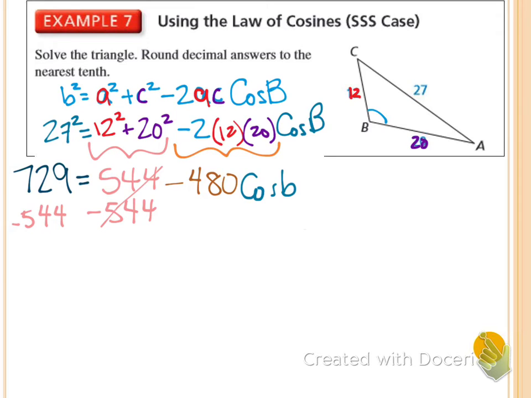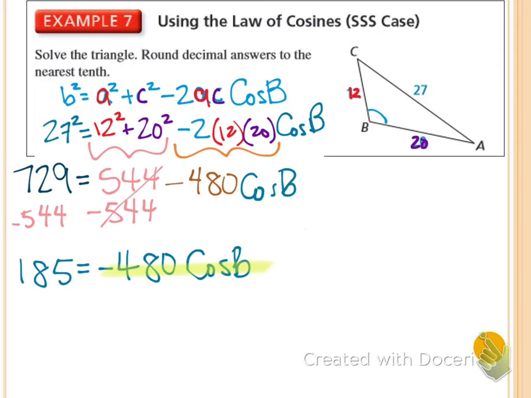What do we get? 185 equals negative 480 cosine of b. So what is the 480 doing to cosine? Multiplying. So we're going to have to divide. Make sure you divide by negative 480 or your answer will be very different.